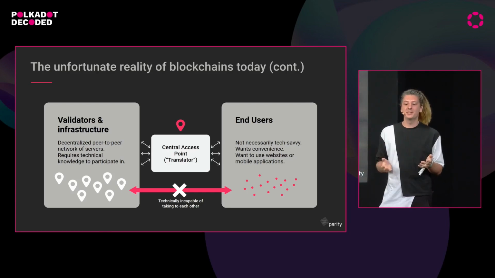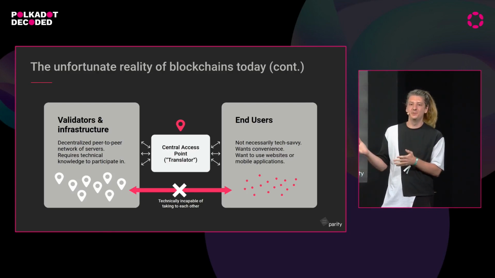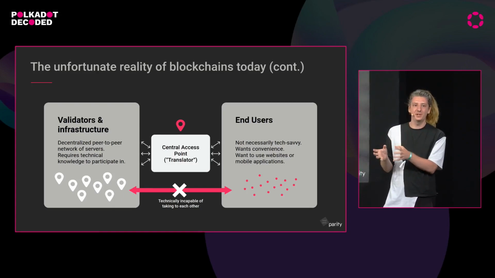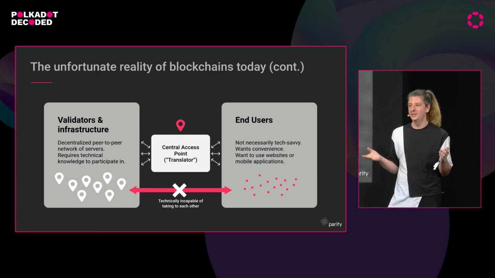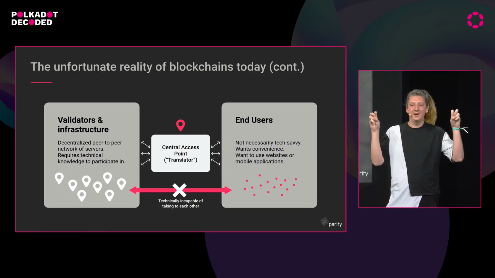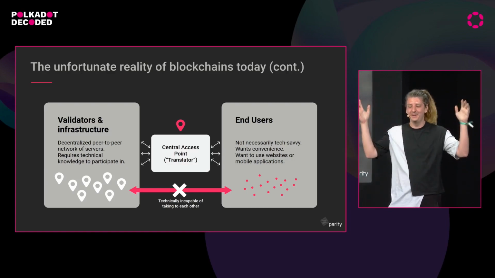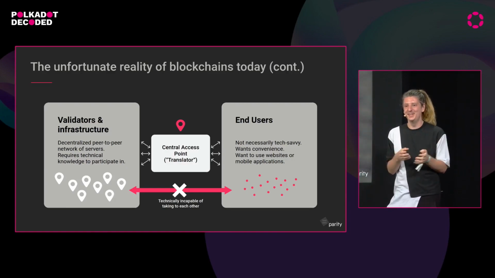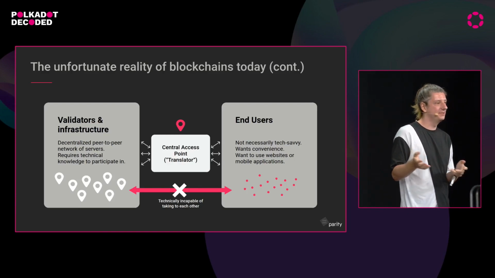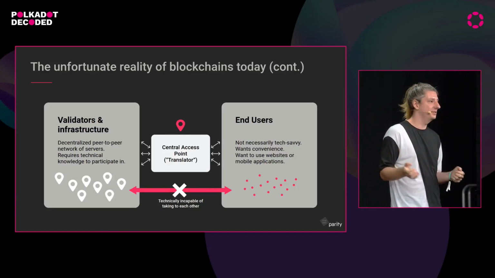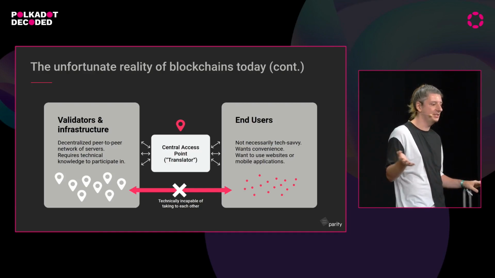And the consequence of this is that the end users, the software running on the machines of the end users, need to blindly trust what this translator is saying. The translator translates a very high-level validator language, if you want, into information displayed on screen. But the software running on the end user machine doesn't know if the information is correct. It just assumes it is.